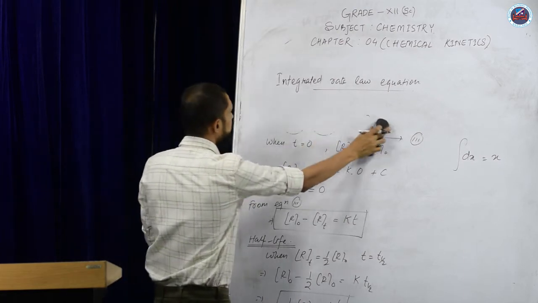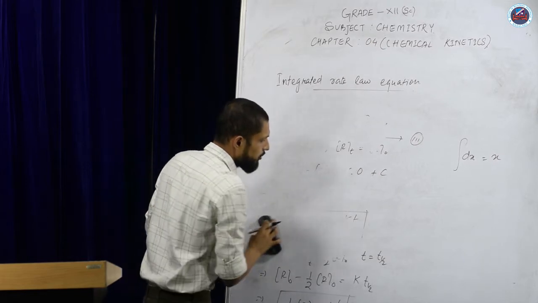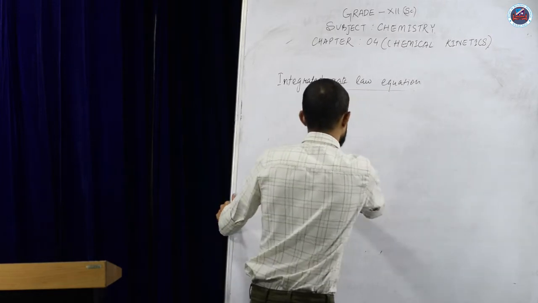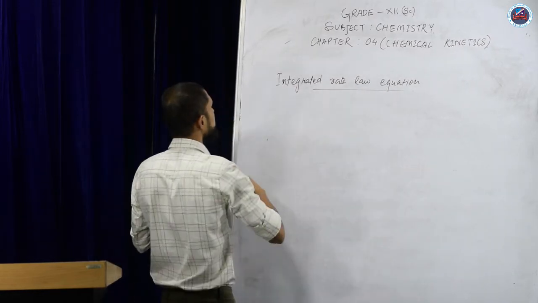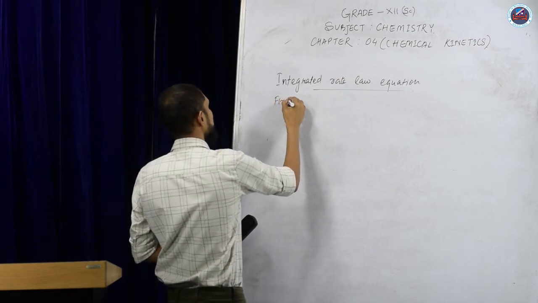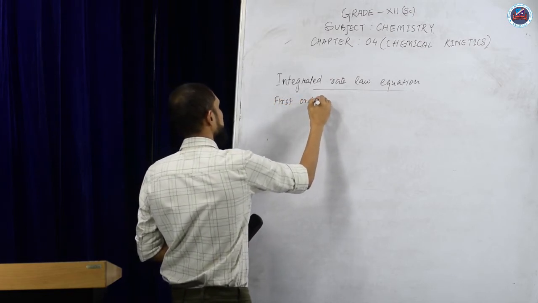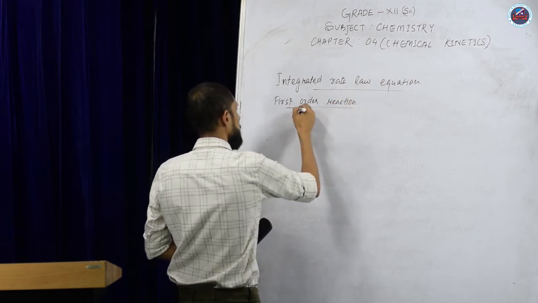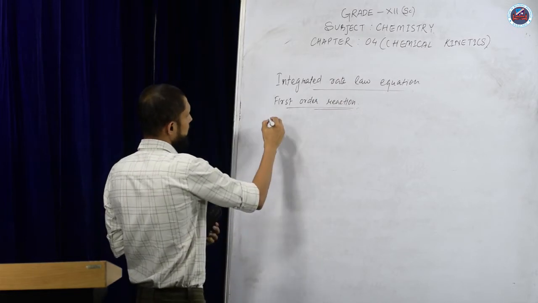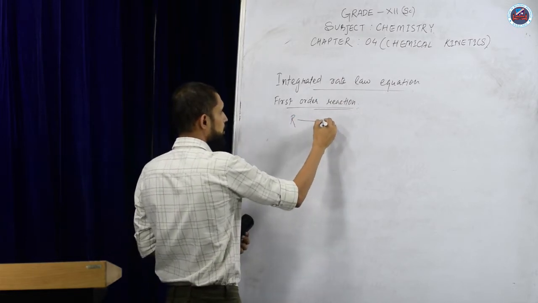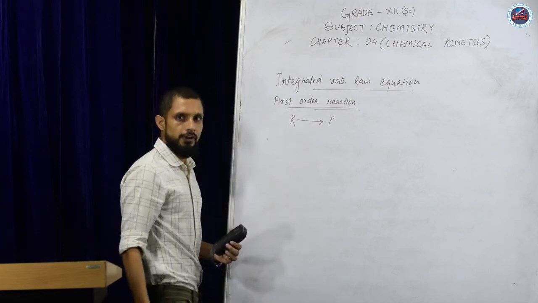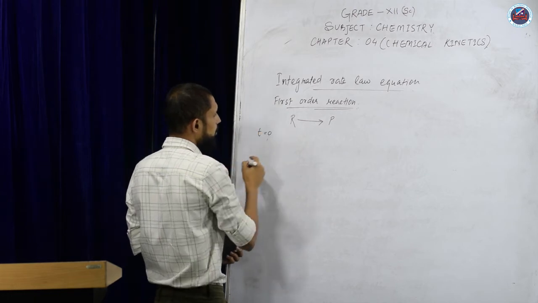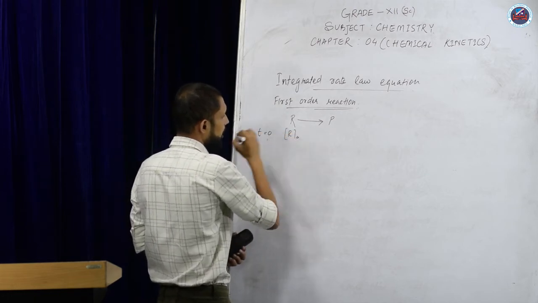Next, we'll derive the integrated rate equation for first order reaction. Again, let us take a reaction R to P, where R is the reactant and P is the product. When time t equal to 0, let the concentration of reactant be R0.